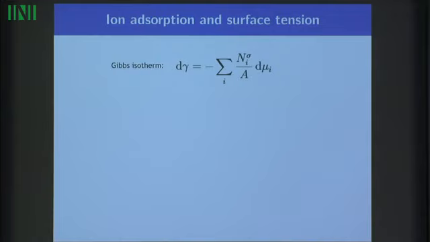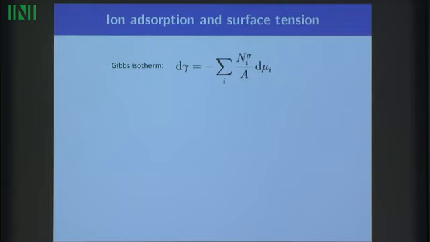And this is what is very nice about it, that you can measure this directly in an experiment. And again, these experiments are really relatively old, because there's an expression you derive directly from the first law of thermodynamics, the Gibbs isotherm, where you have a change in the surface tension, gamma, so that's the total change of the surface tension when you change the chemical potential, and it depends on a sum over the species i, so these are all the different species that you have in your system, over the excess, N_i sigma, so that's the number of particles of species i which is sitting at the interface.